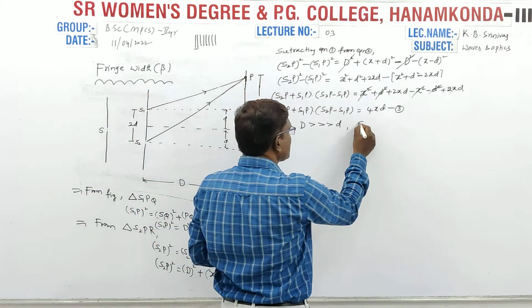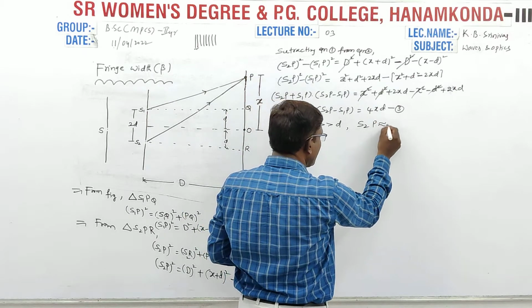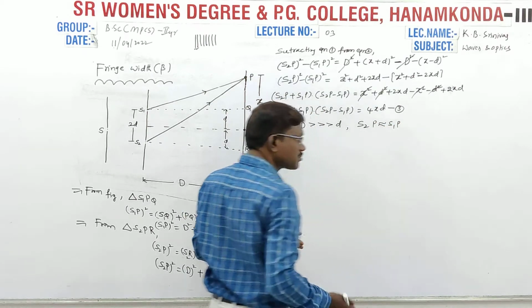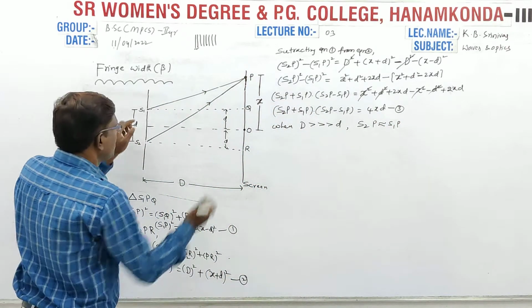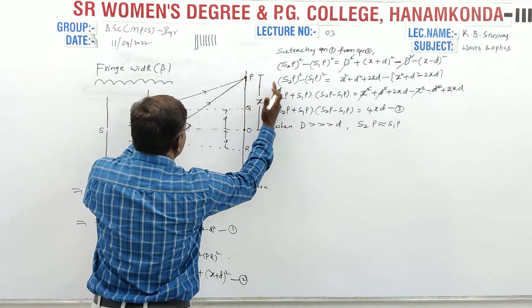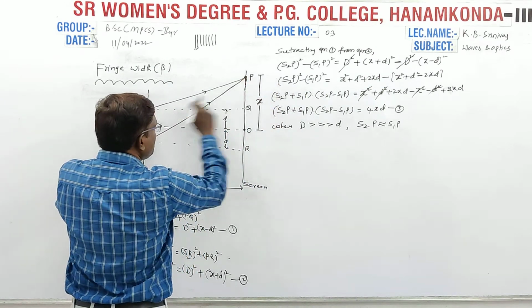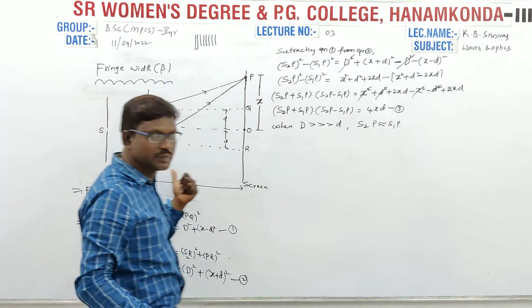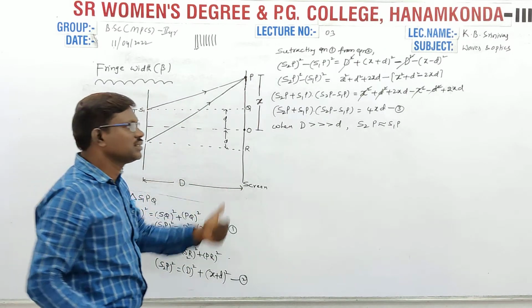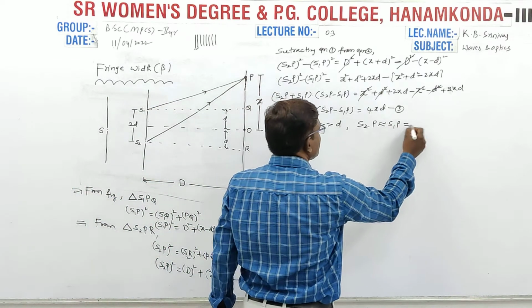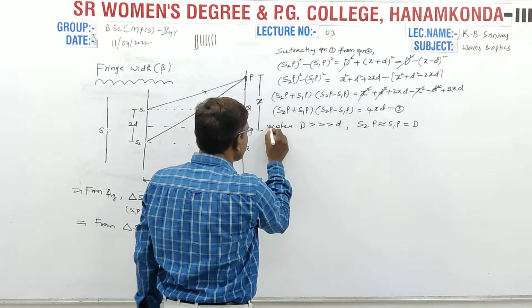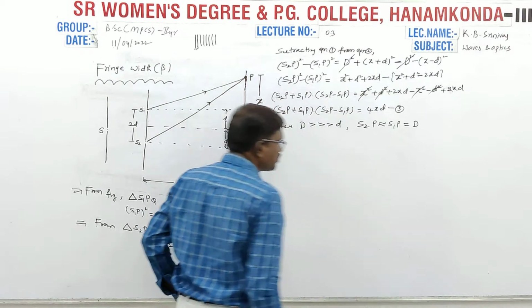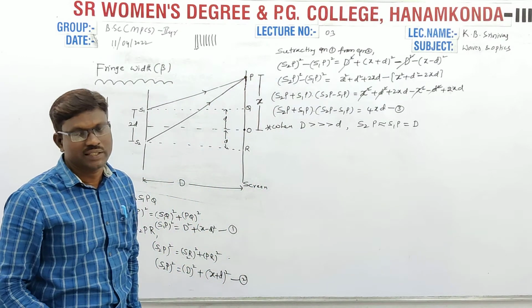So in this case, S2P is approximately equal to S1P. When the screen moves forward, S2P or S1P becomes how much? Capital D only, the distance between the slits and the screen. So this is a very important condition. To derive the final expression, I am assuming this case.